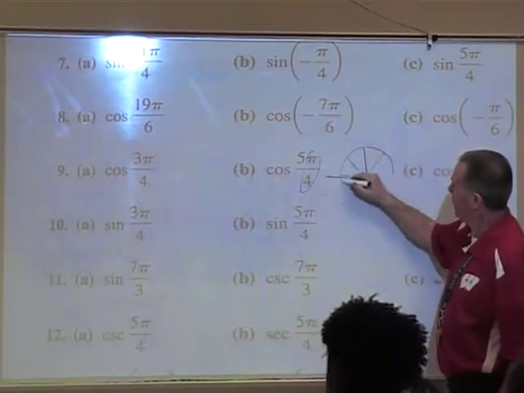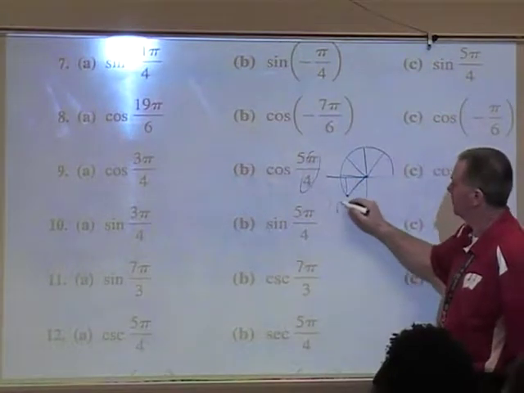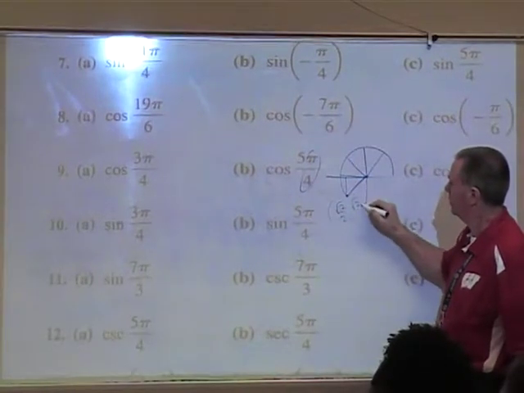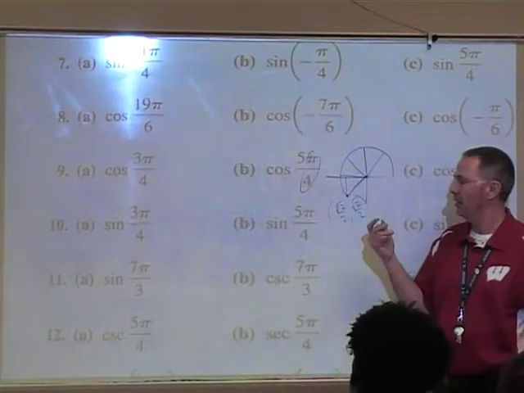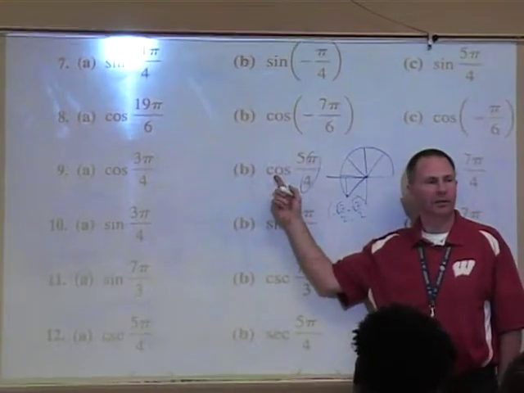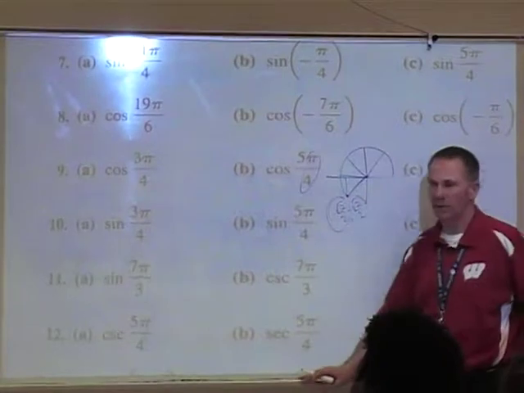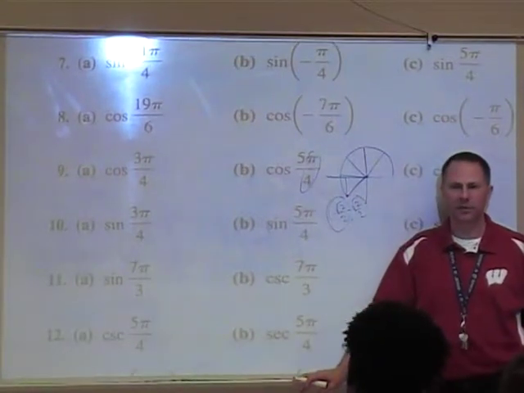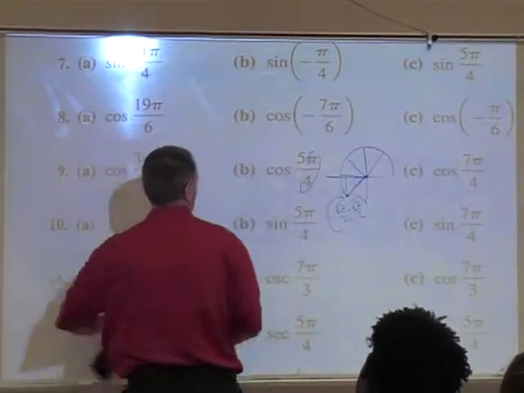So it is a 45-degree reference, which means your coordinate is square root of 2 over 2, square root of 2 over 2. You are in the third quadrant, which means what? They're both negative. And cosine is your x value. So it is the negative square root of 2 over 2. Yes. Okay, good. Another one.